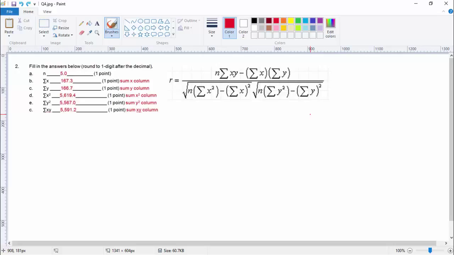The whole question was, we wanted to produce a number, which we're going to call R, that talks about whether, first of all, if the male salaries go up, the female ones go up too, or if the male salaries go down, the female ones go up, which would be an inverse correlation, or if the male salaries go up, it doesn't really matter, the female salaries do whatever they want.